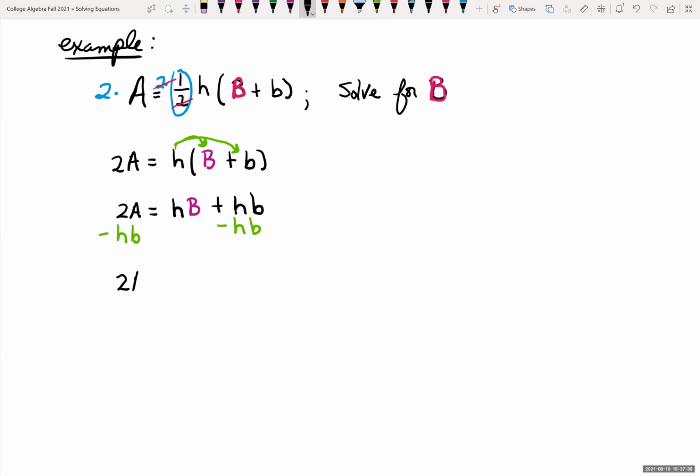So I have 2 capital A minus h lowercase b is equal to h times capital B. Now I can get rid of the h in front of my capital B by dividing both sides by h. So I find that my capital B is equal to 2 capital A minus h lowercase b, all over h.